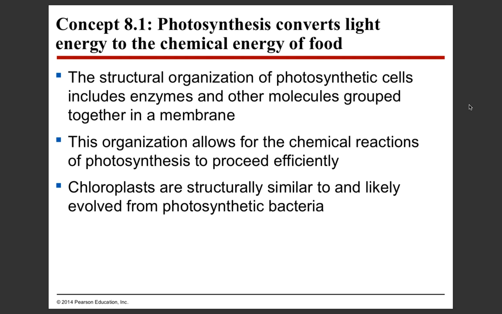This organization allows for the chemical reactions of photosynthesis to proceed efficiently. Every single little moving part has its assigned job, and as long as it occurs correctly, then we're going to have glucose at the end of the day, which is what a plant's going to need. Our chloroplasts are structurally similar to and likely evolved from photosynthetic bacteria. This goes back to the theory of endosymbiosis that we talked about in Chapter 4, the tour of a cell.